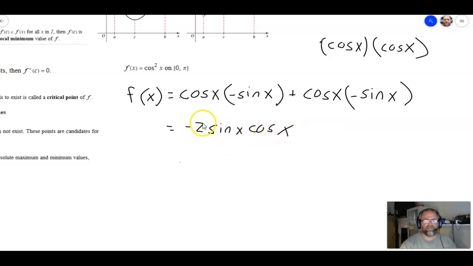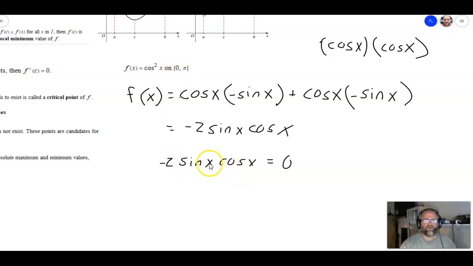Now we have to see at which values between 0 and pi this is going to give us a 0. If I set negative 2 sine x cosine x equal to 0, this is going to be 0 whenever sine of x is equal to 0 or cosine of x is equal to 0.